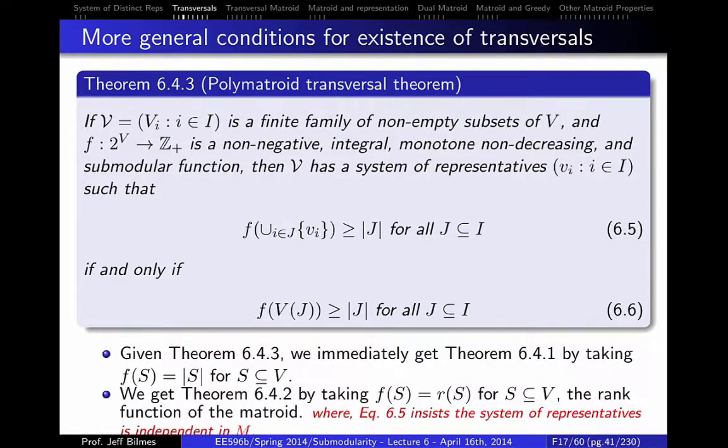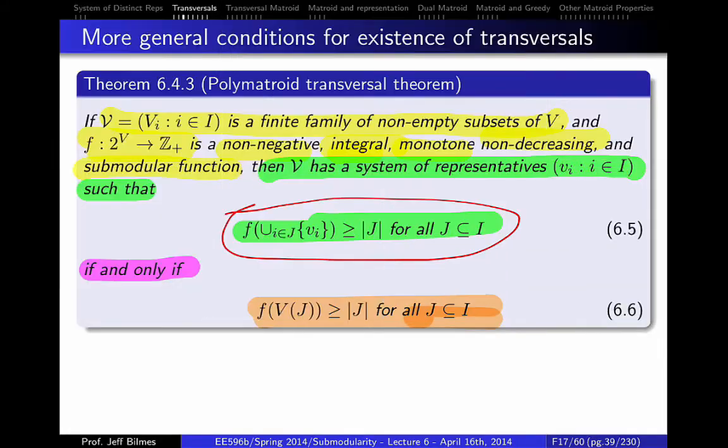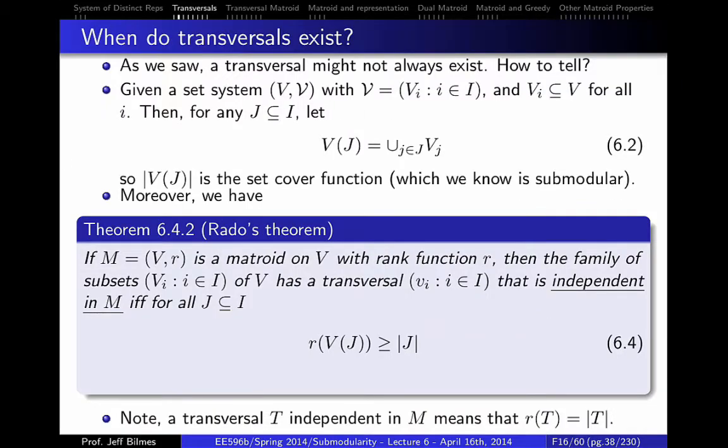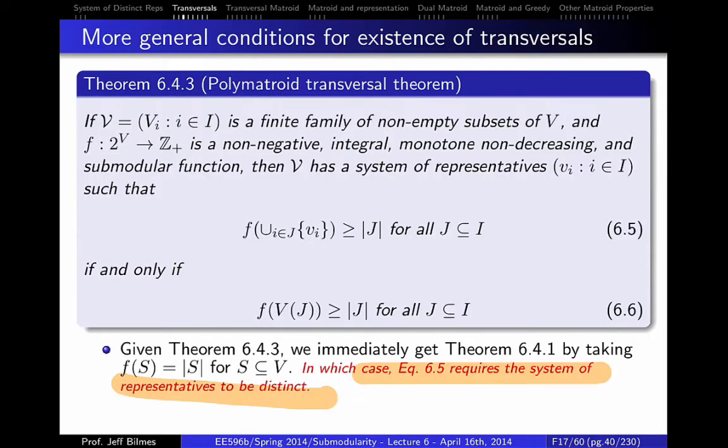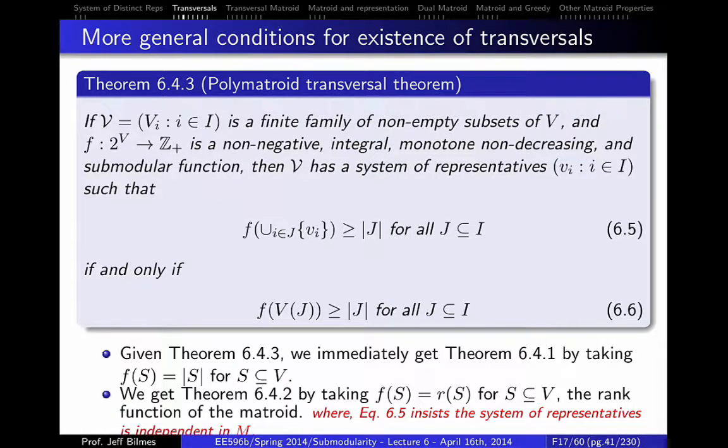And we get theorem 6.4.2, which is Rado's theorem, by taking the polymatroid function to be a matroid rank function, in which case it says that the system of representatives is independent in M. So we get these two theorems by this one theorem. So what we're going to do now is prove this theorem. Are there any questions on what this theorem states?